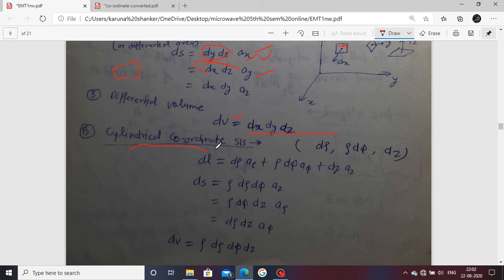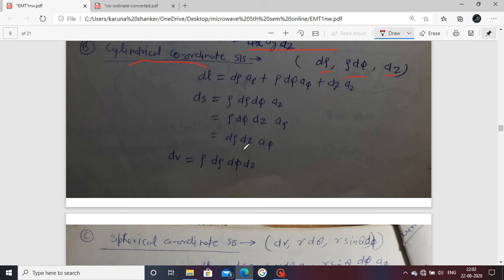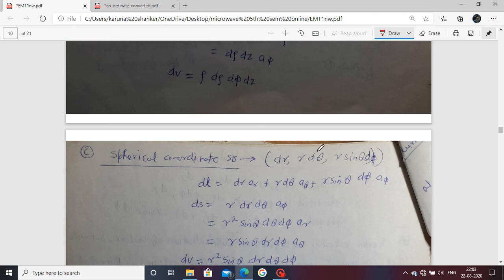In a similar way, in cylindrical coordinates, all three terms rho, phi, z in differential form are added. Note this: d rho, rho d phi, and dz. Similarly, two terms are used in the differential surface area calculation, and for volume all three terms are multiplied.